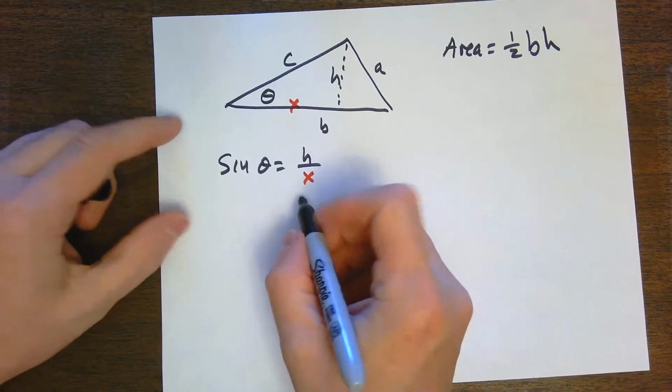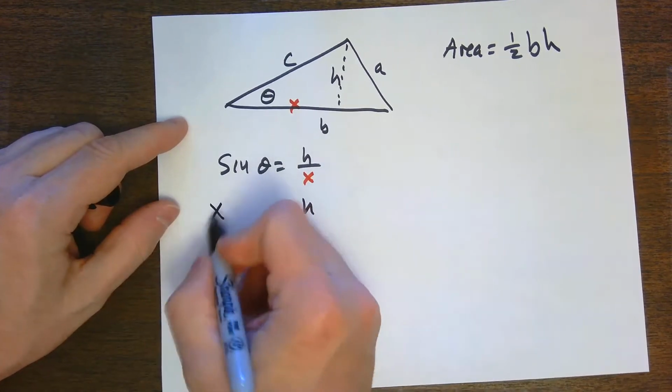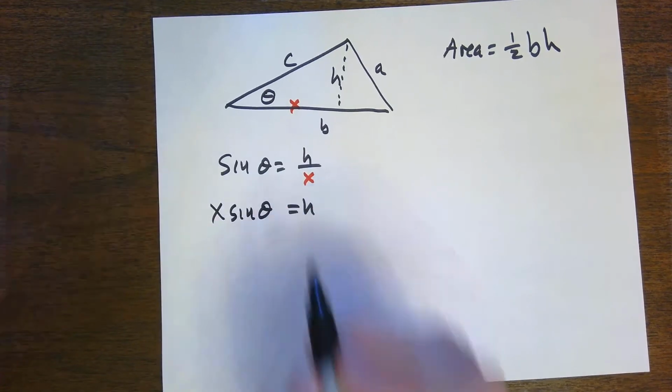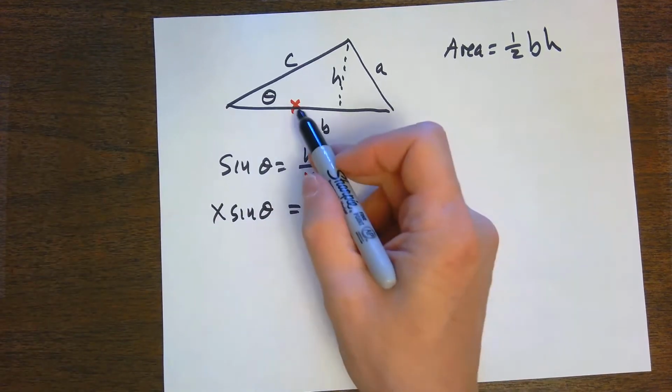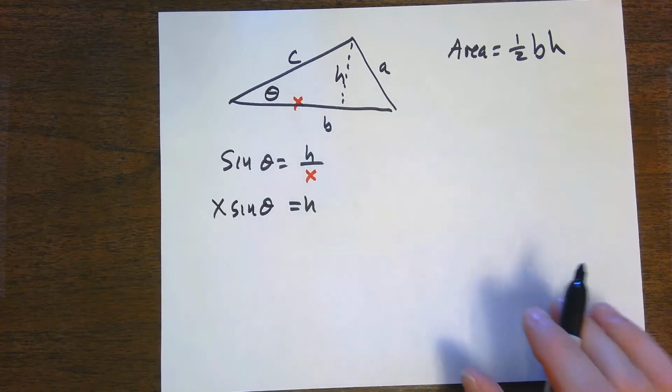In other words, the height is going to be x times the sine of alpha, this little length here times the sine of alpha.